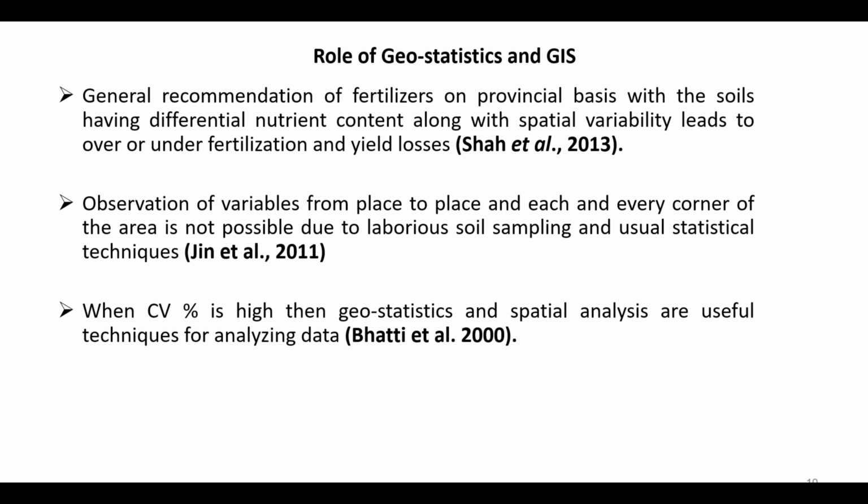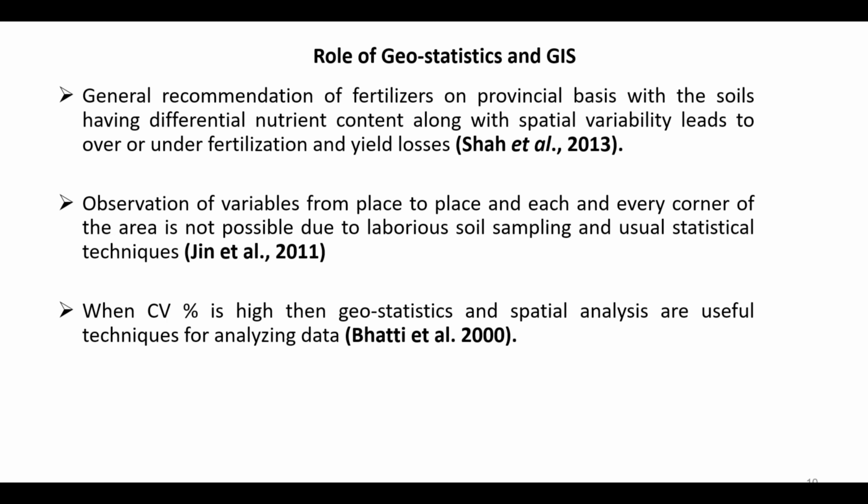But in Pakistan, usually the recommendation comes on provincial basis, and uniform recommendations lead to low or higher use of fertilizers or nutrients, which in return leads to loss of nutrients and lower yield due to excessive use of fertilizers, or lower yield in the areas where nutrient status was already low.